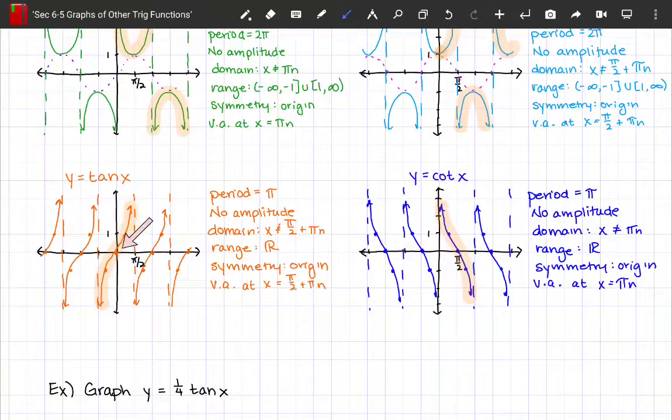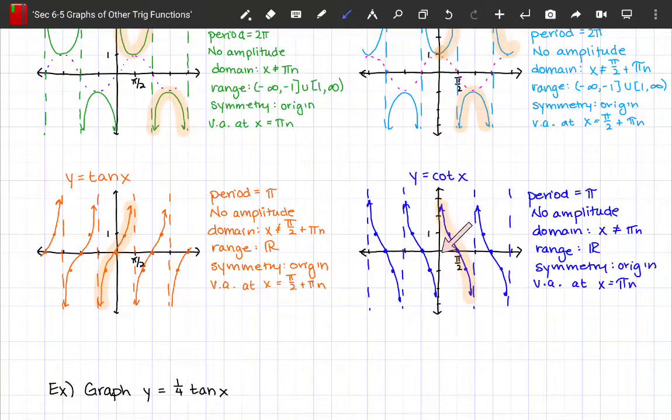Tangent is symmetrical about the origin, and cotangent is also symmetrical about the origin. And then the vertical asymptotes. The thing to remember with the difference between tangent and cotangent is where the asymptotes are. So for tangent, the first asymptote is at pi over 2, and then you go every pi units, and it's an increasing graph.